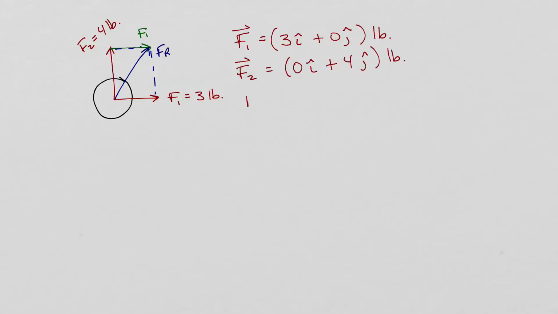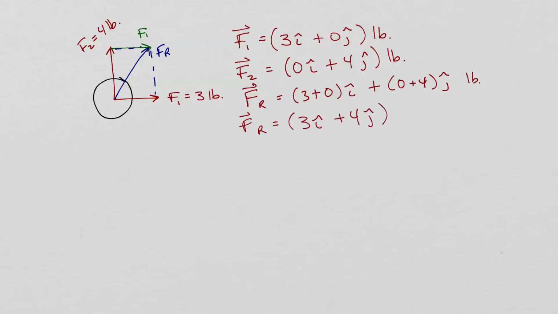So that resultant force is just going to equal, we just add those two together, so 3 plus 0 in the i direction, plus 0 plus 4 in the j direction, in pounds. So F of R equals 3i plus 4j pounds. That admittedly is a pretty easy one.